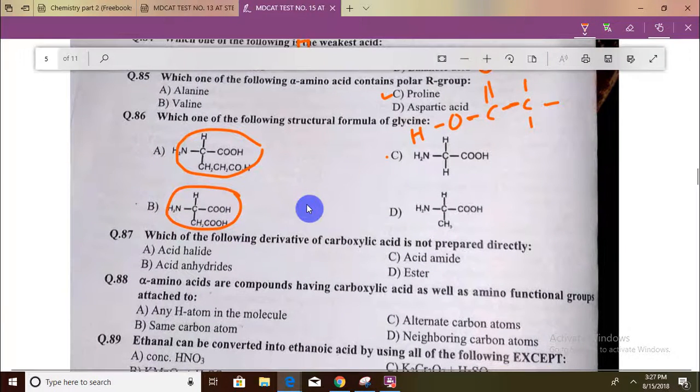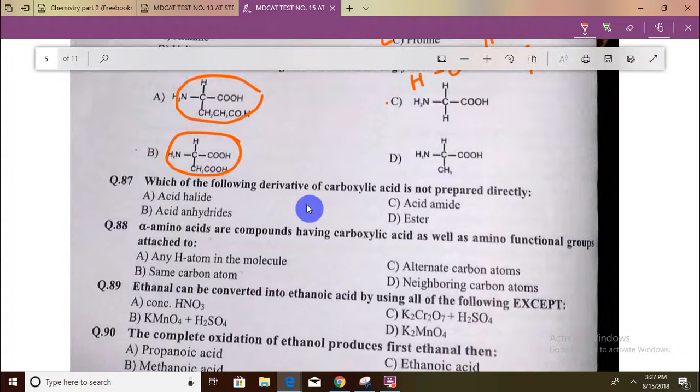So which of the following derivatives of carboxylic acid is not prepared directly? Acid halide is fairly easy, you just need to use PCl5. Acid anhydride is made fairly easily. You need P2O5, just the catalyst that you need, and the reaction ought to take place fairly easily.